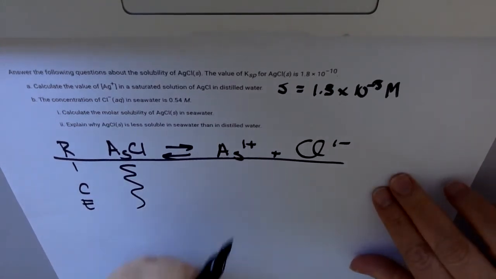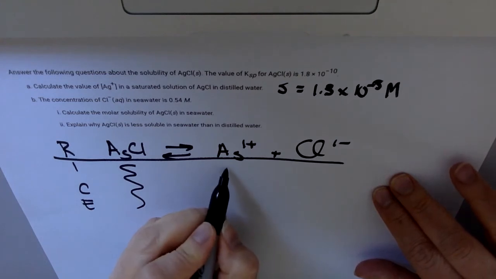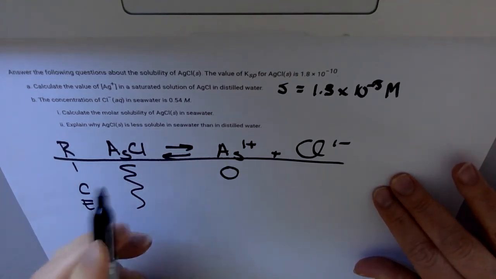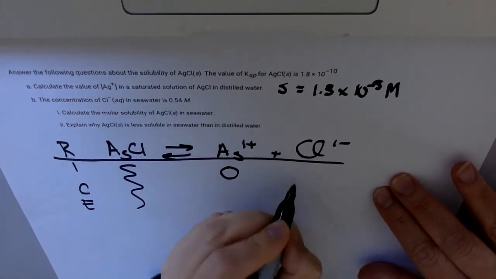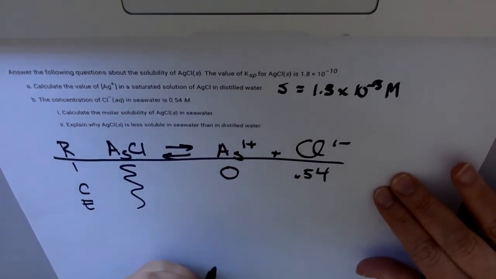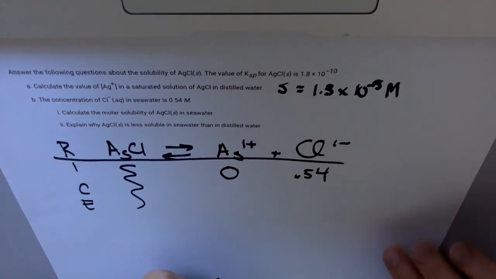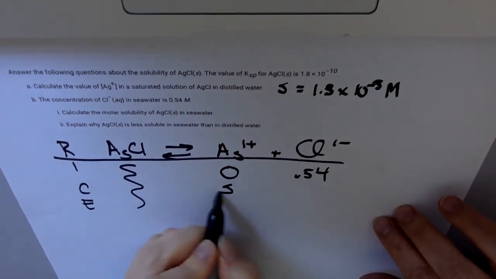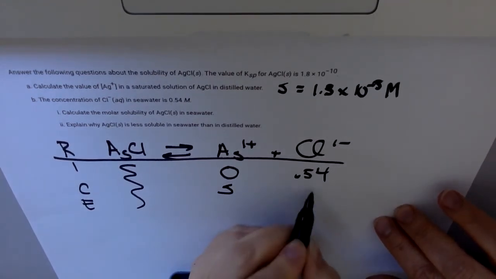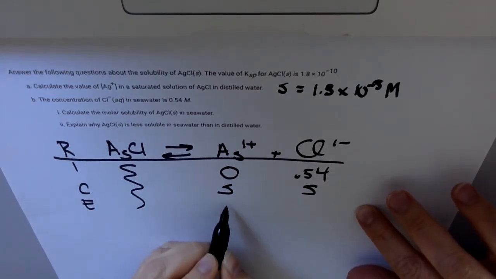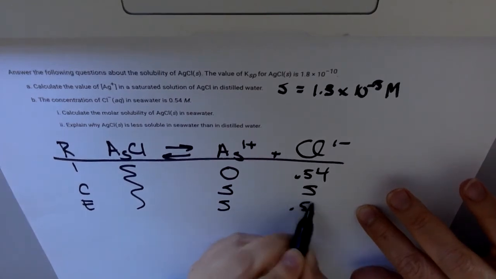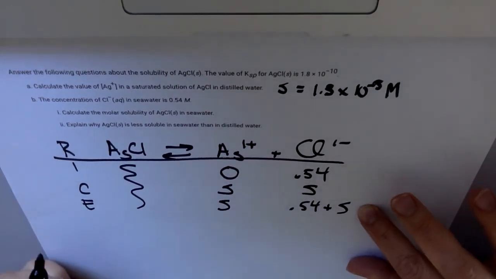In this case, the silver is starting at 0, but the chloride, since you're in seawater, is starting out at 0.54. Solubility is still going to change in the same way. The change is going to be S and S, but therefore the equilibrium concentrations are going to be S here, but 0.54 plus S here.